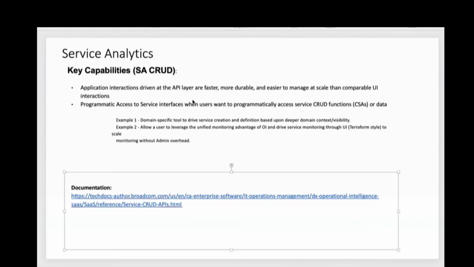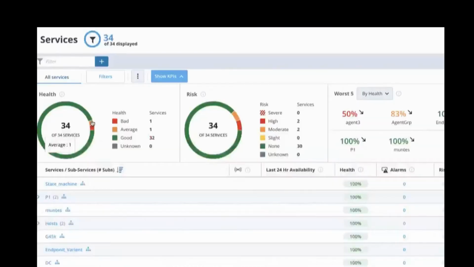And then also allow the user to leverage the unified monitoring advantage of OI and drive the monitoring through the UI, the Terraform style, and you can model them to scale as well without having any admin manually going and doing it. So these APIs have been documented here.